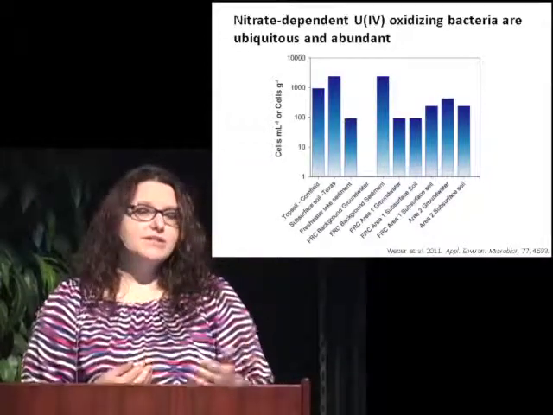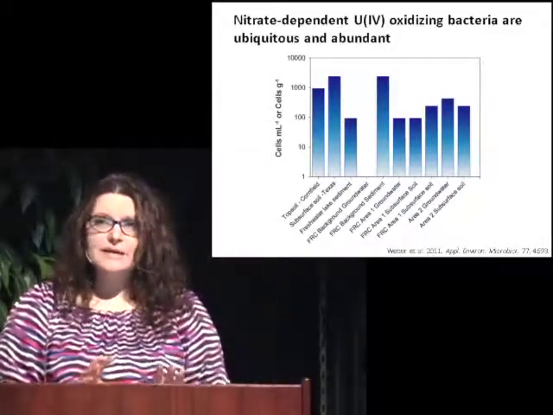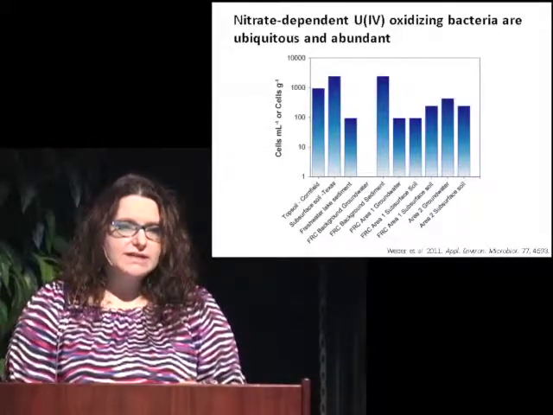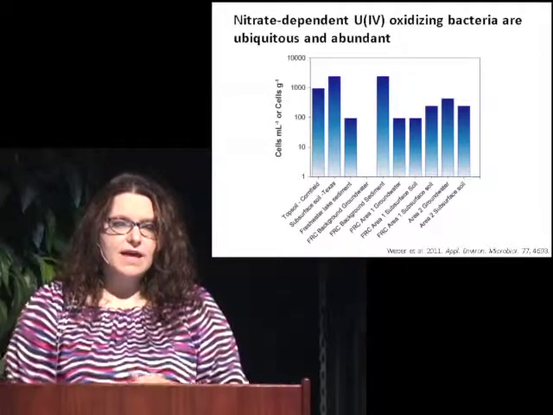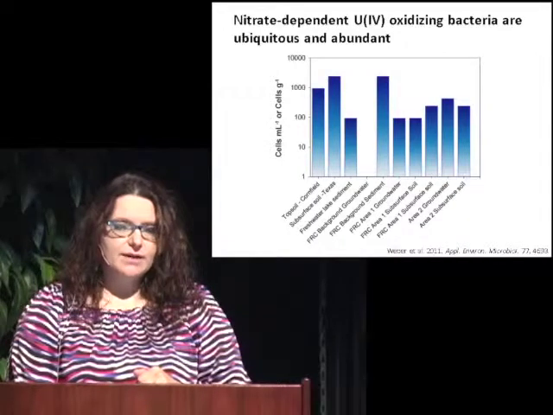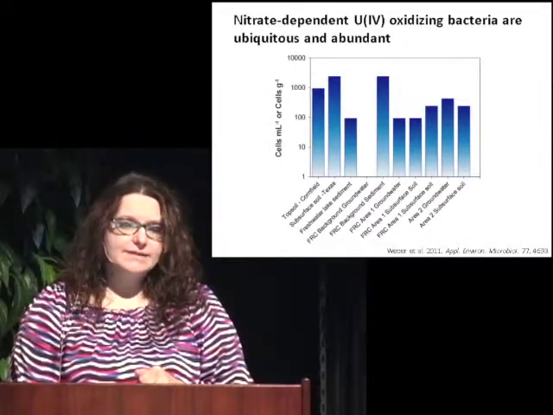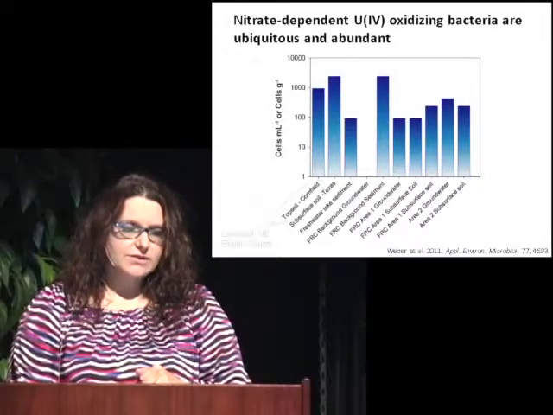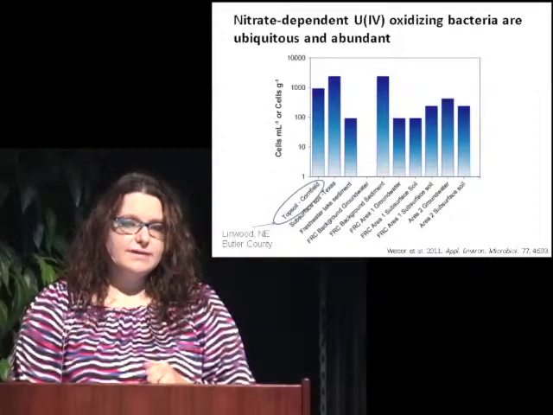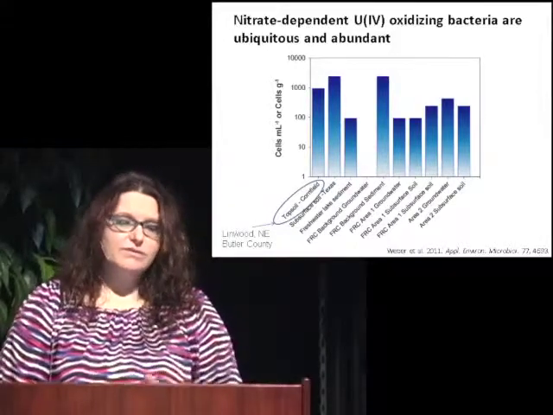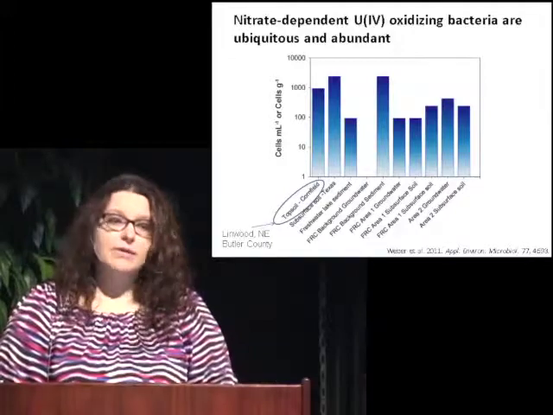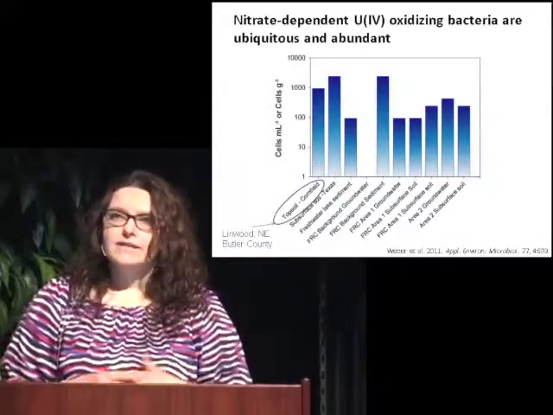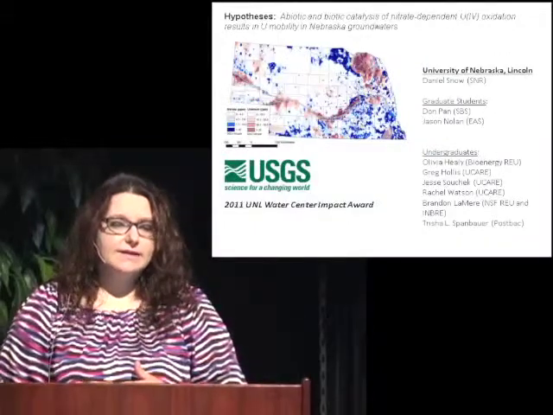But I just want to mention, and for you to keep in mind, that we're talking about 1,000 to about 3,000 cells per gram of sediment that we identify, whether it is from a Department of Energy contaminated site, noted here by the FRC, so that's Oak Ridge National Laboratory Field Research Center, or if it's freshwater lake sediment or cornfield soil from a cornfield collected here in Nebraska, where we do find abundant nitrate-dependent uranium oxidizing microorganisms.